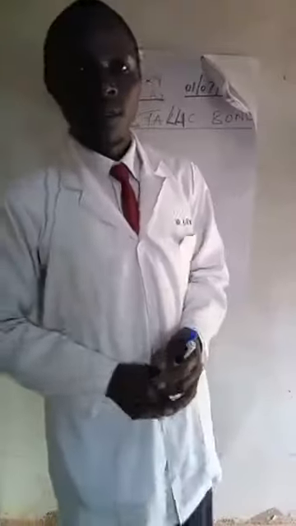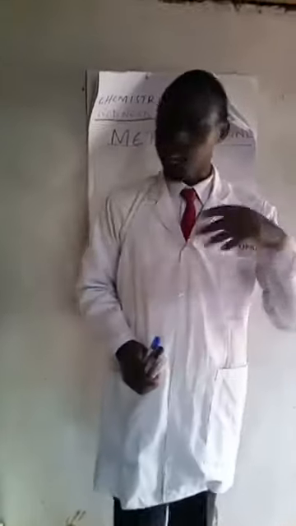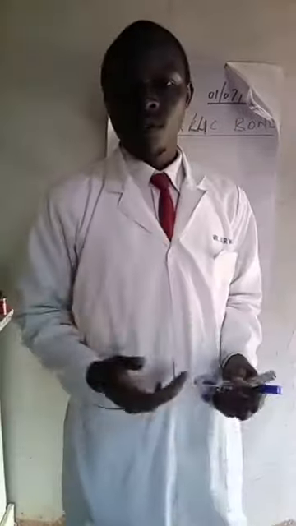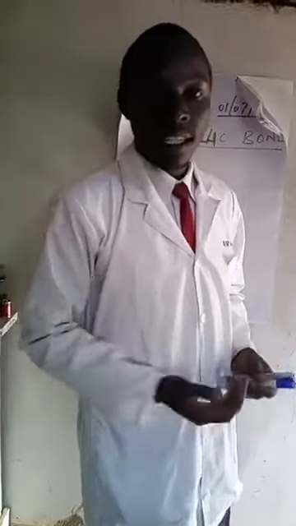So in our last lessons, we have discussed ionic bond. We started by looking at ionic bond. We looked at the structure involved in ionic bonded compounds. We also did the properties of ionic compounds. That's what we discussed in our first lesson.